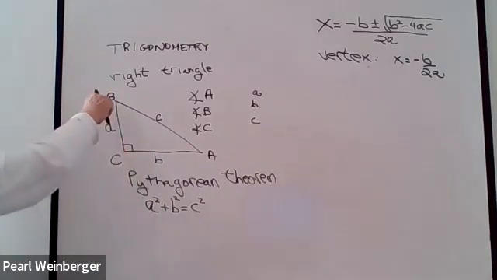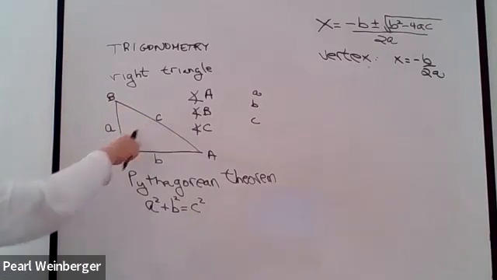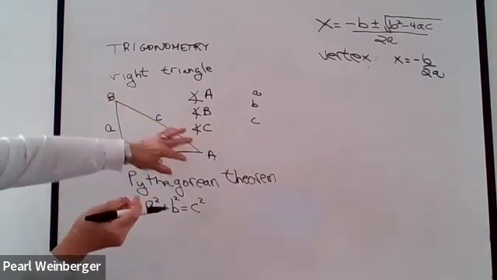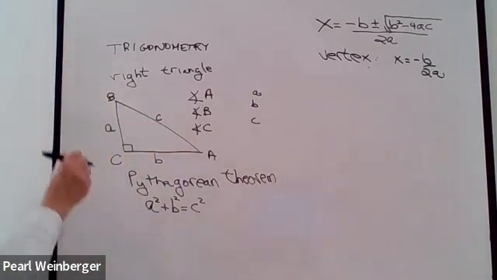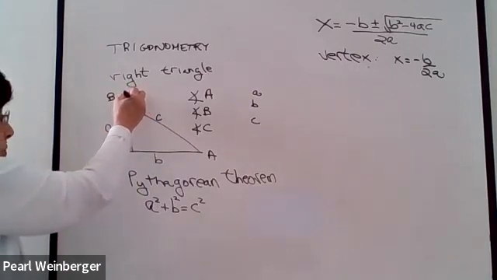It always turns out in a right triangle that the largest side of your triangle is the one that's directly across from the right angle. If you look at it, it makes sense: the slanted line is bigger than either this one or this one. That side opposite the right angle is called the hypotenuse.